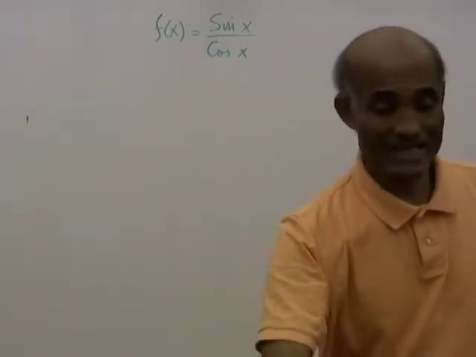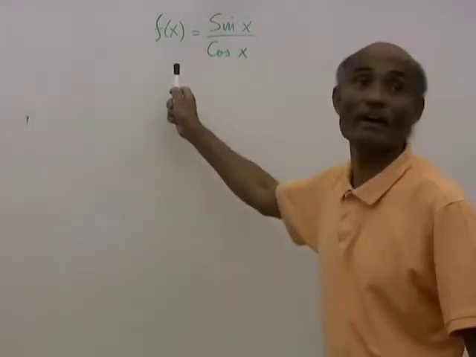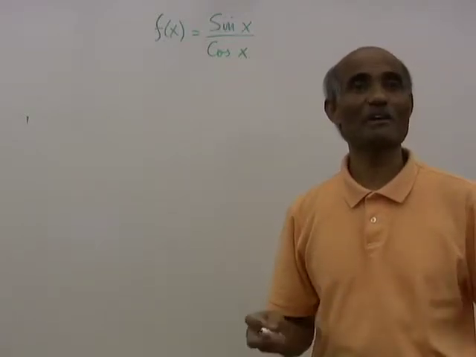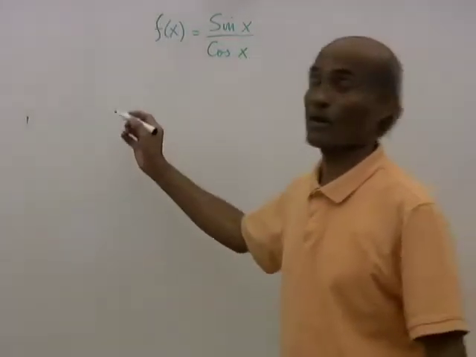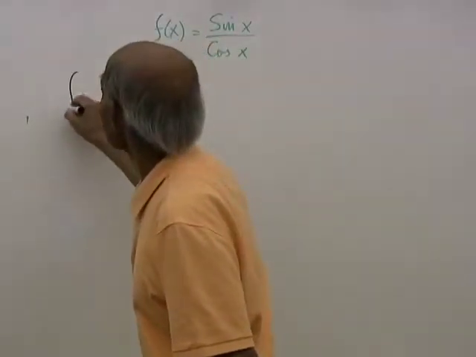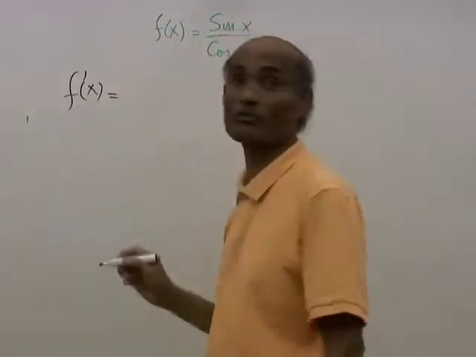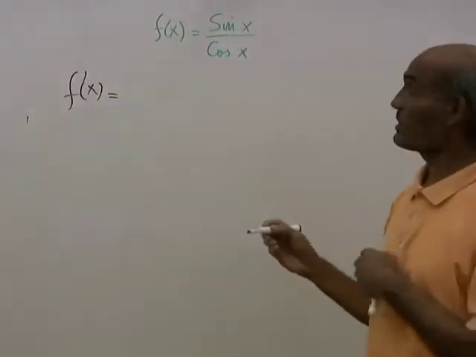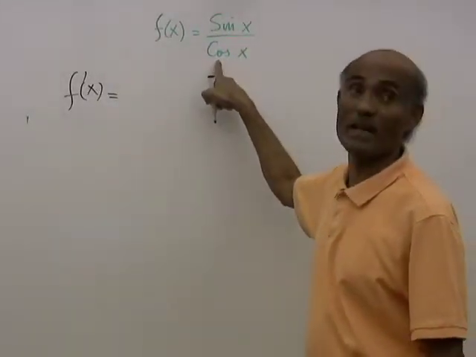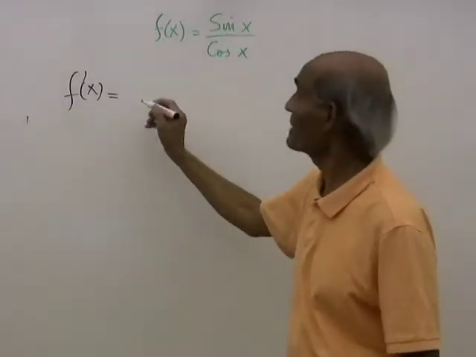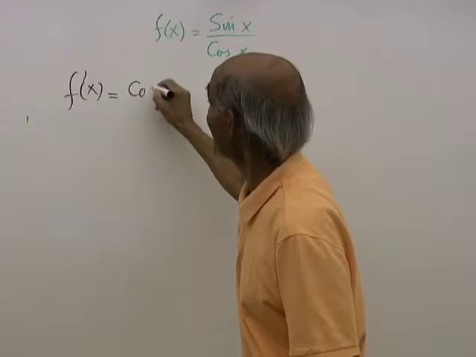Well, let's look at this function, f of x equal to sine x divided by cos x. Alright, let's start by writing the form of its derivative. F prime of x will be, alright, what's the quotient rule? Denominator times derivative of the numerator. Let me write that in detail.